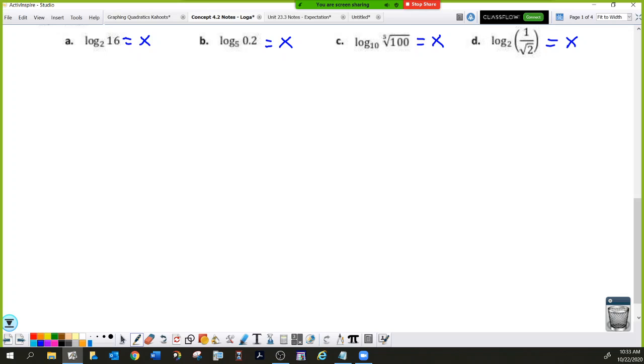In Algebra 2, I go, hey guys, let's set this thing equal to x. Why? Well, because last unit, we were all pretty darn good at solving exponential equations by hand, weren't we? The no calculator part of the test went very, very well for that one question. You guys were good at that. So instead of trying to solve a log equation, why don't we solve an exponential equation?